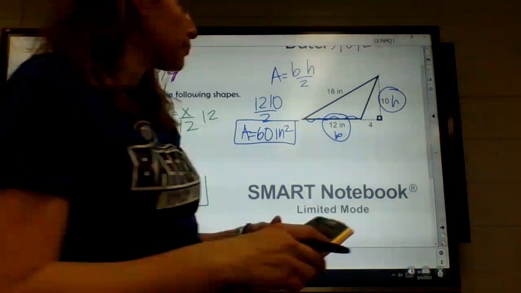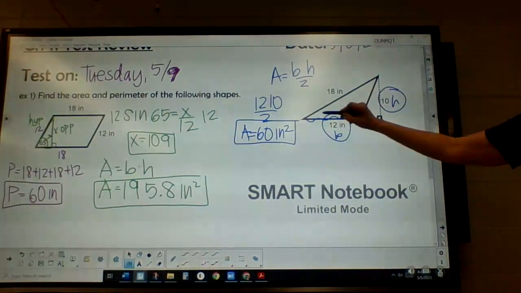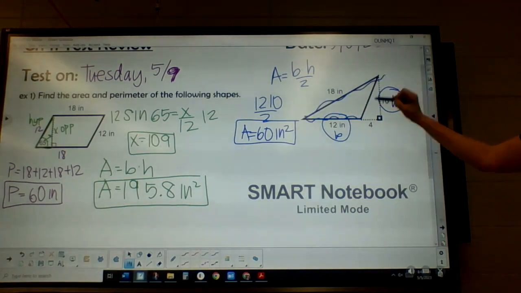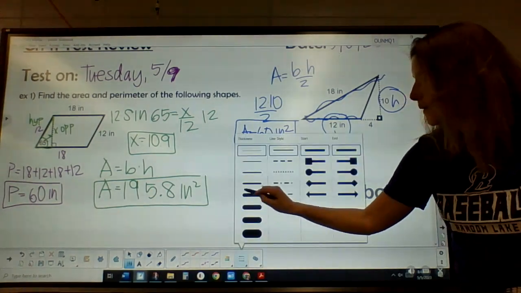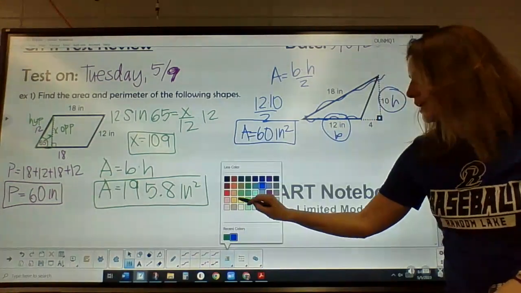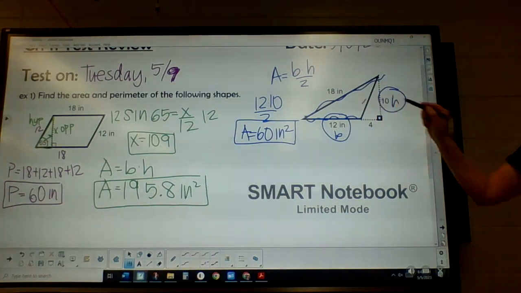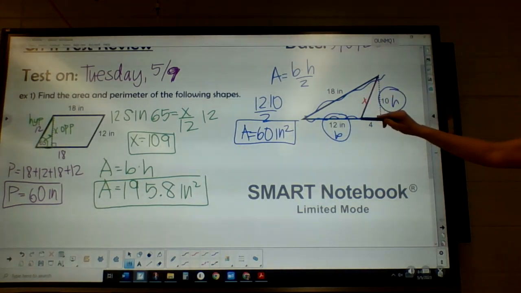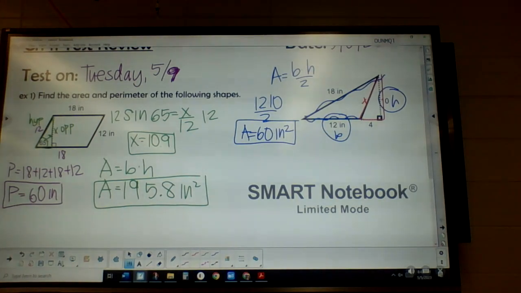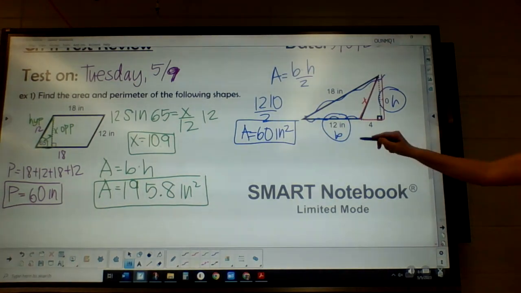Now I want to figure out the perimeter, which is the distance around this shape. So I still need to find this third side here. Yeah, so here's where we're going to use Pythagorean theorem. I need to find that third side, but they give me enough information to see this is a little right triangle here. So I'm able to find that third side using Pythagorean theorem.